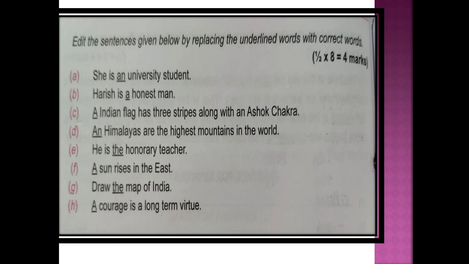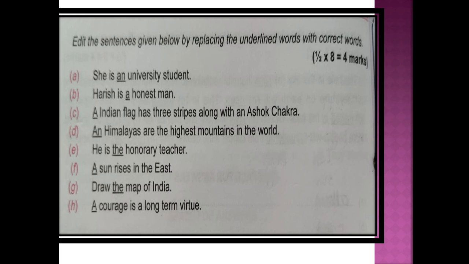Okay, let's see the next one. He is the honorary teacher. Now the same sound which is in honest, the second one, the same comes here, honorary. H is silent here. So he is an honorary teacher because the sound is O, honorary. So he is the honorary teacher is incorrect.